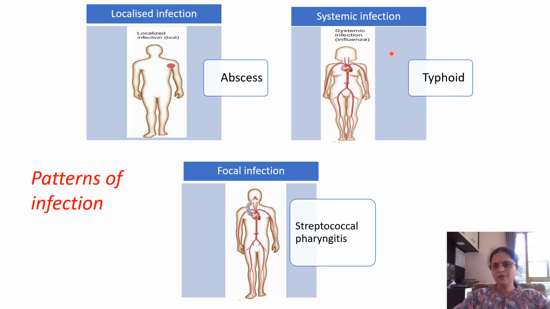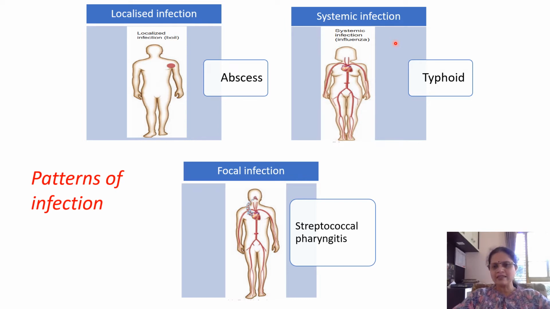And the best example for systemic infection is typhoid. It might enter through contaminated food. So initially it will be in the gastrointestinal tract, but through blood it will start going to other parts of the body and it will start showing symptoms in other parts also. So that is one example. We have so many such examples for systemic infections.